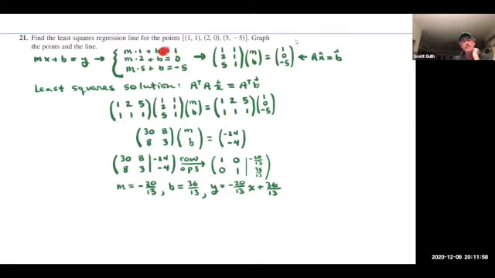And again, I'm getting these equations just by plugging all 3 points into the equation of a line. So you end up with a vector equation: a matrix times a vector equals another vector. And it has no solution because these 3 points don't line up. If you graph them, they don't lie in a straight line. And yet we're trying to find the closest line to them.